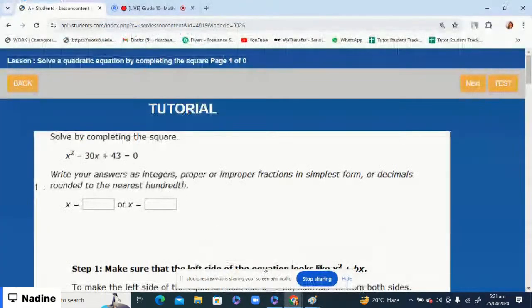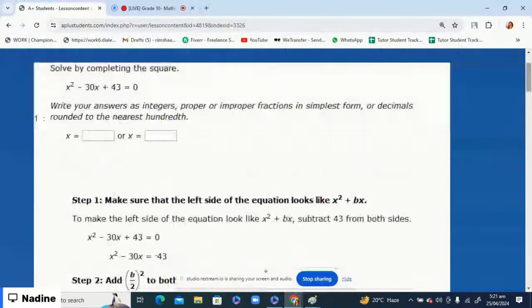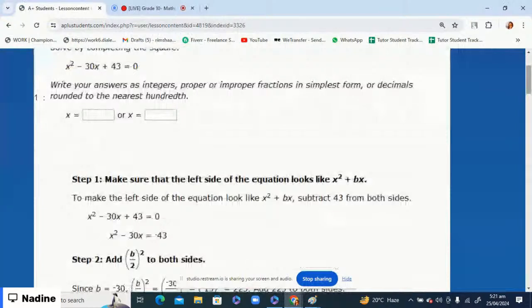What are the steps? Firstly, we make sure the left side of the equation has x square as a single term, not, for example, with some numbers multiplied with the x square, like sometimes 4, 5, any number. Any number which is multiplied with the x square, that we separate. How can we separate it? By dividing the full equation.